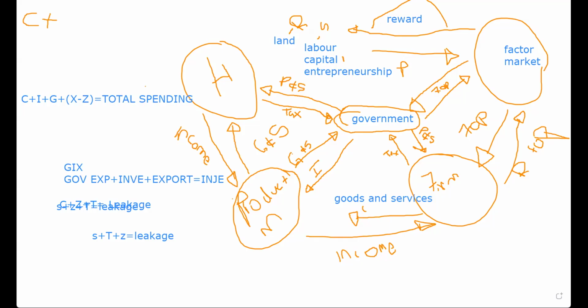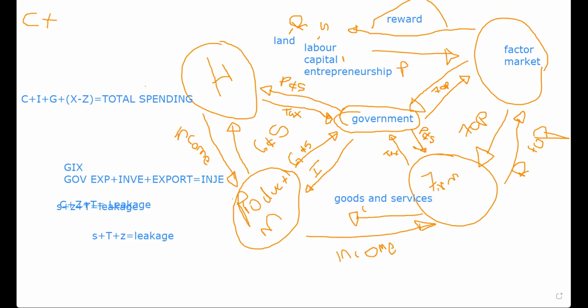So the firms pay for the imports, and here it's the payments for the exports. When the households sell to the foreign sector, the foreign sector will pay for the exports, which will be an injection in the economy. Or when the firms purchase from the foreign sector, they have to pay for the imports, which will be a leakage in the economy.